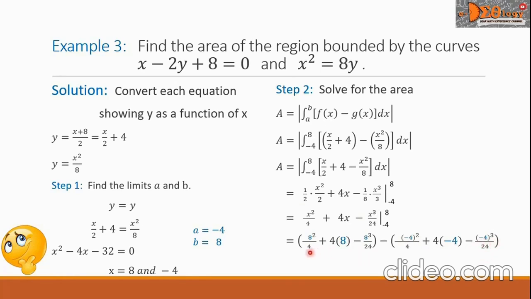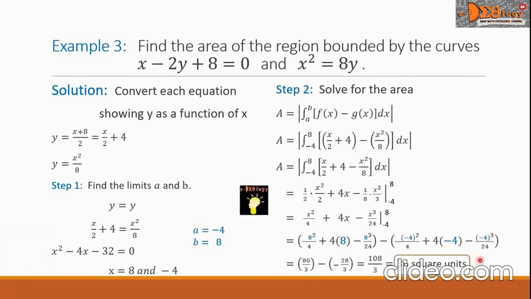We can simplify the first group minus the big second group. So we have now the first group is simplified into 80 over 3 minus the negative of 28 over 3. Combining these fractions, we will have 108 over 3. And we can simplify this into 36 square units. This is the final answer.